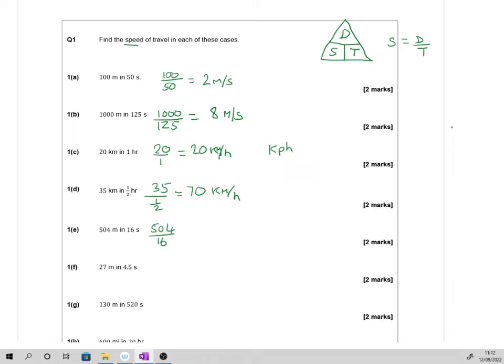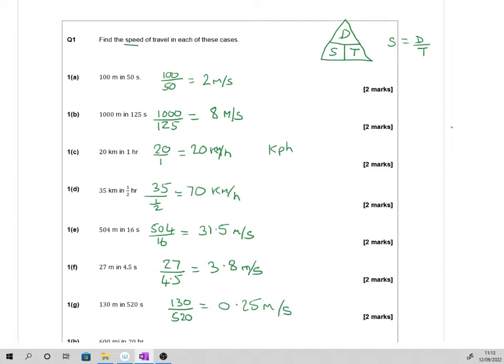504 divided by 16, can't do that one in my head, is 31.5 meters per second. 27 divided by 4.5 is 3.7, I'll call it 3, but round it up to 3.8 meters per second. 130 divided by 520 is a quarter, which is 0.25 meters per second.